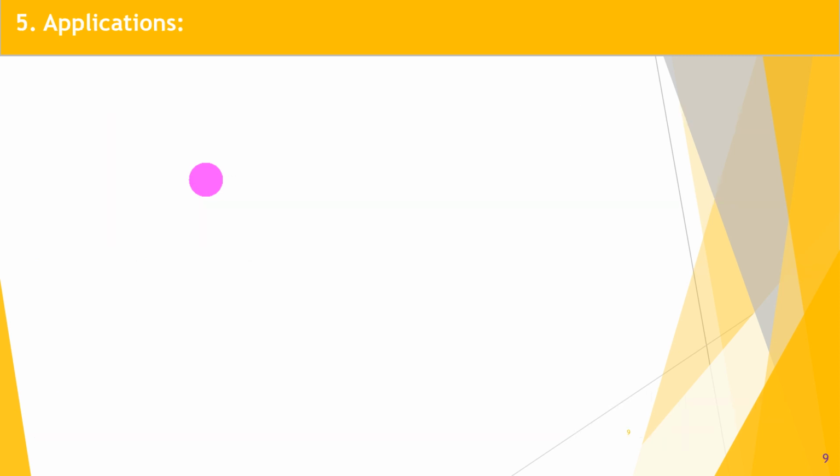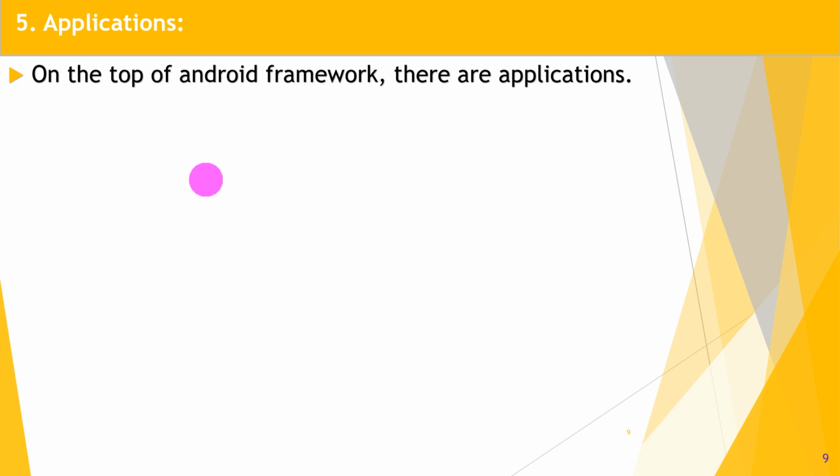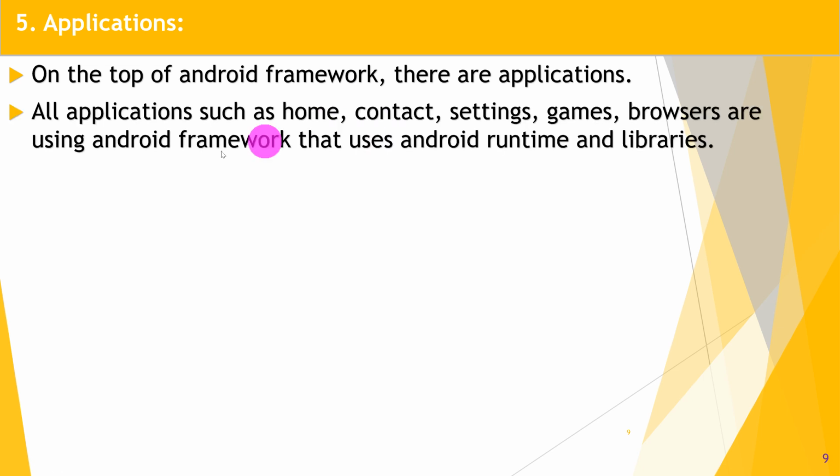Okay, so this is the last type of Android architecture, that is called applications. On top of the Android framework, there are applications. All applications such as home, contacts, settings, games, and browser are using the Android framework that uses Android runtime and libraries.